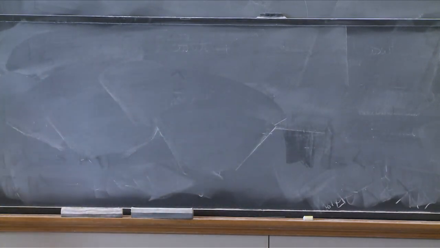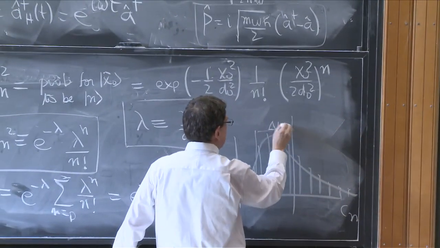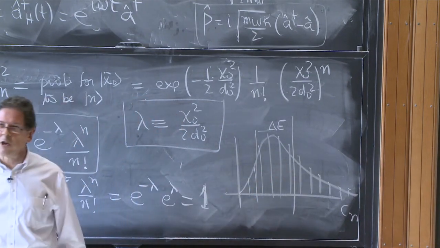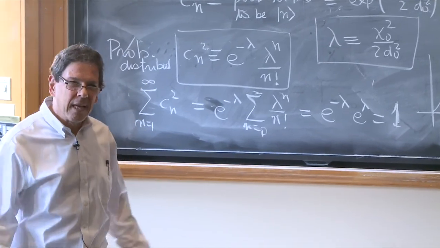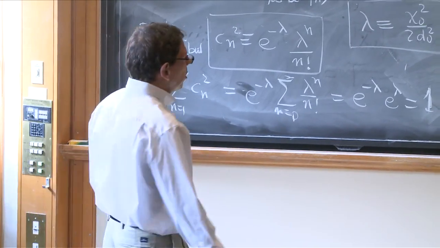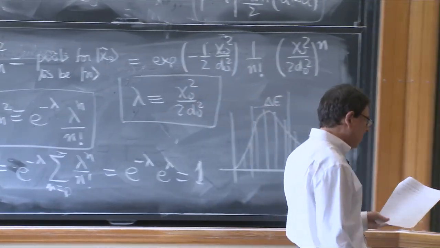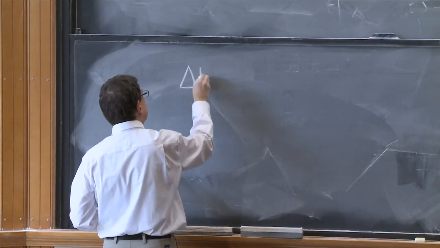What is basically the delta E associated to the coherent state? How does it look? Is it very sharp? It's a good question, and it's in the notes. I leave it for you to try to calculate it.